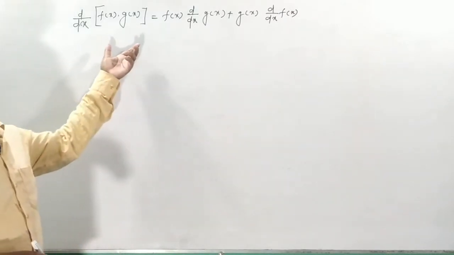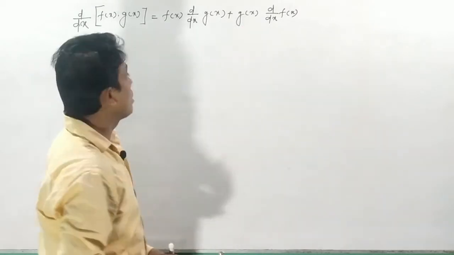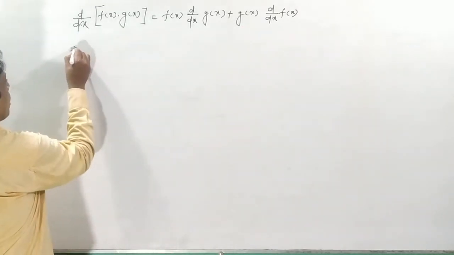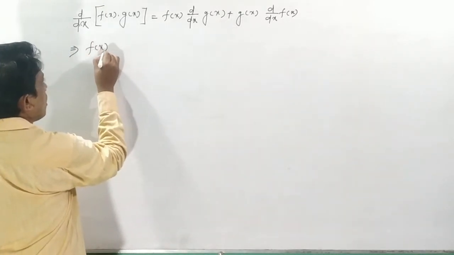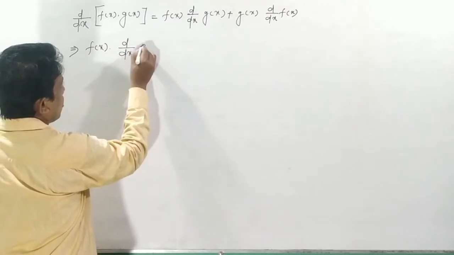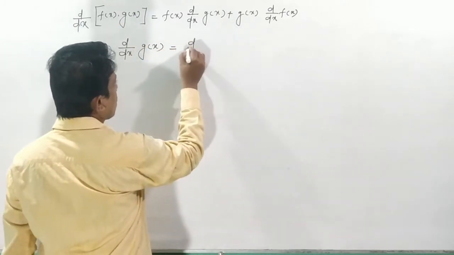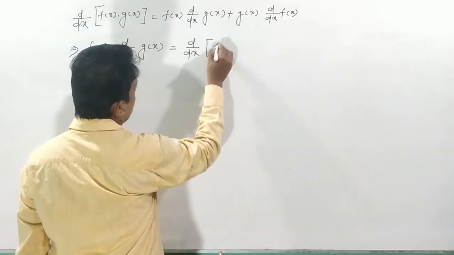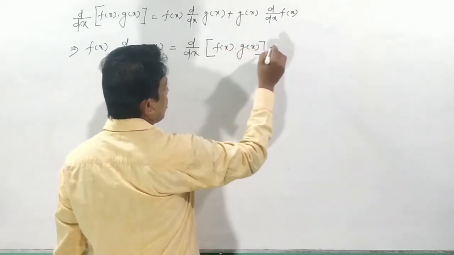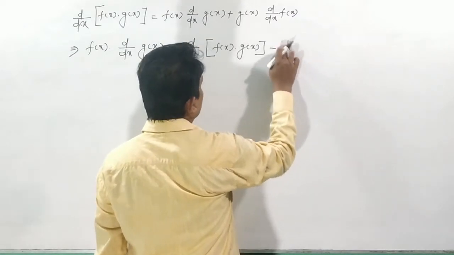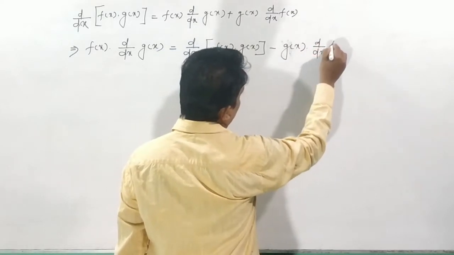The derivative of a product of two functions is f(x) into d/dx of g(x) plus g(x) into d/dx of f(x). If we write this as f(x) into d/dx of g(x), then it becomes d/dx of f(x)g(x) minus g(x) into d/dx of f(x).